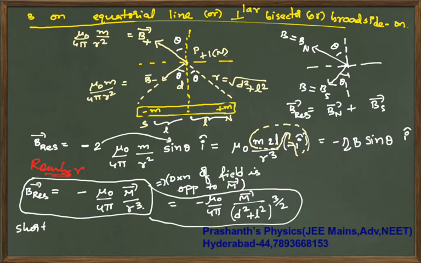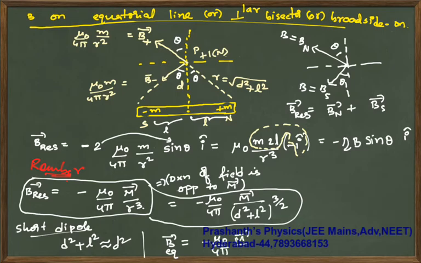A subcase is there: in a short dipole, d square plus l square is equivalent to d square, so B bar on the equatorial line is minus mu naught by 4 pi into m bar by d cube. So remember this result.